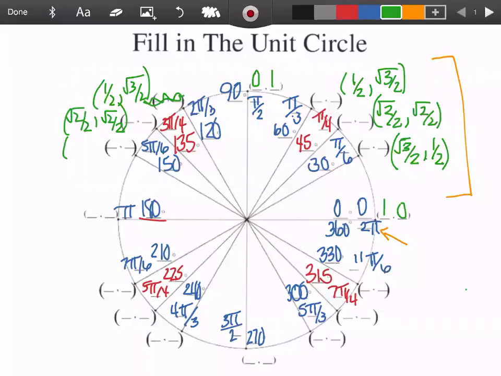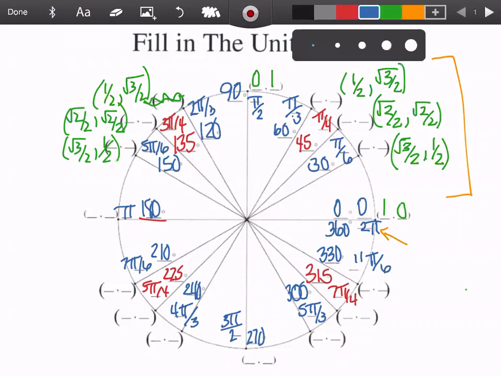And then we're going to fill in that last point. If we look at 5 pi over 6, we refer back to pi over 6, or 30 degrees. And we have the square root of 3 over 2 and 1/2. Looking at these, we have to make sure, just like we did previously, we look at the signs. So in quadrant 2, x is negative.